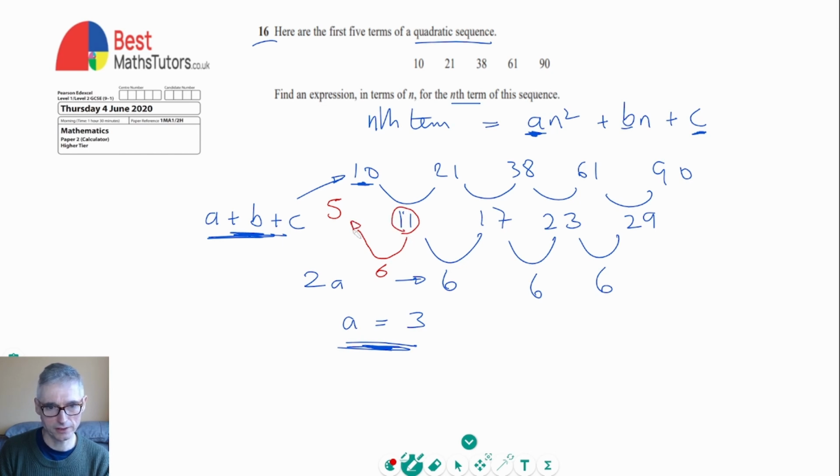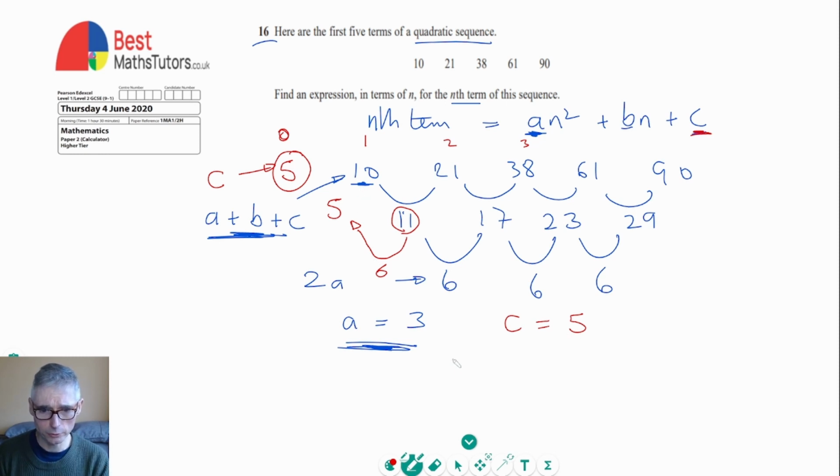That's going to give me 5, and then that means that this term here would have been 5 if we'd gone back. We could call this the 0 term. So that's the 0 term, that's the first term, second term, third term, etc. So that 0 term is always equal to c in the sequence. So we've got 2 of them already. We've got that c is equal to 5.